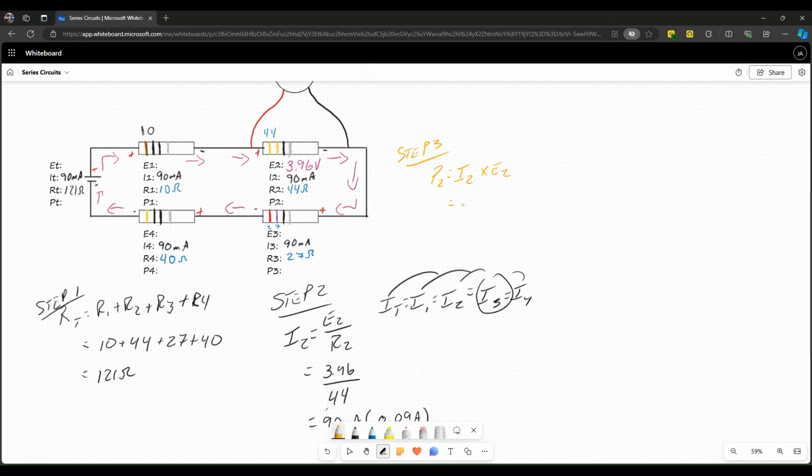Meaning apple pie, pumpkin pie, all that pie. And it's just easy to remember that way. Other than that, fill in the numbers. Let's see what we get. So 0.09 times 3.96. We get 356 milliwatts.